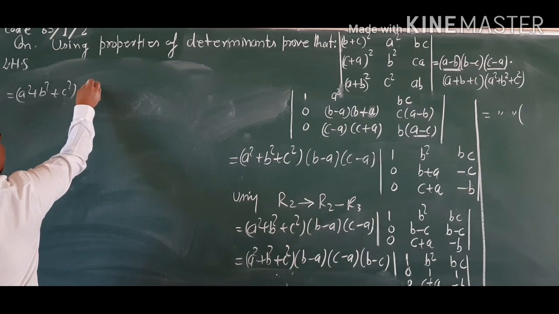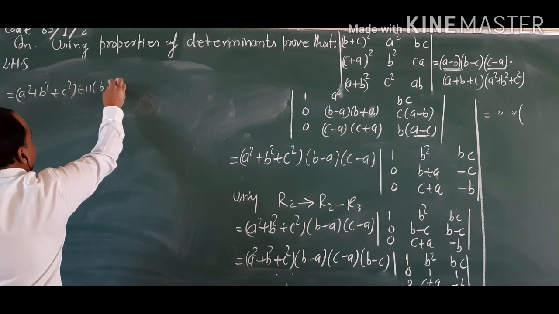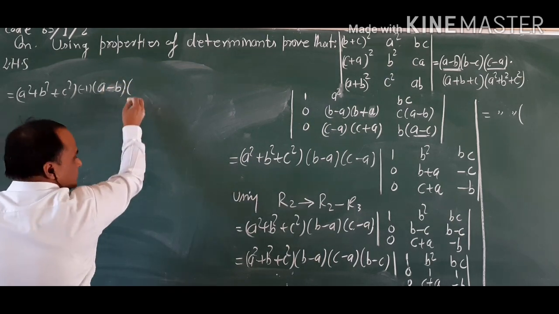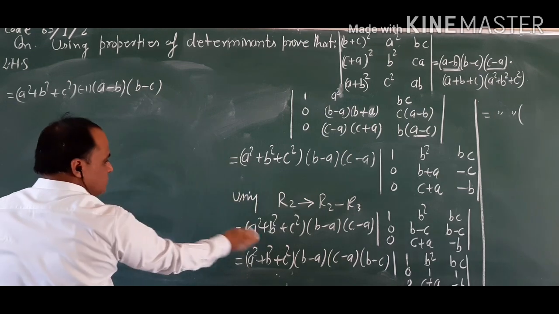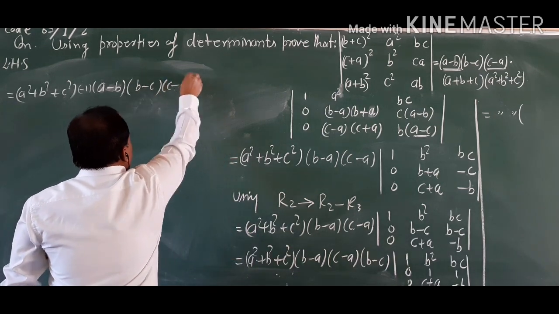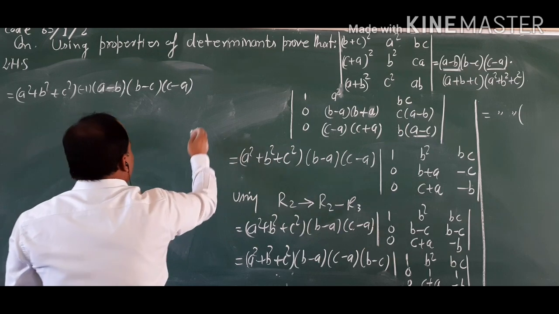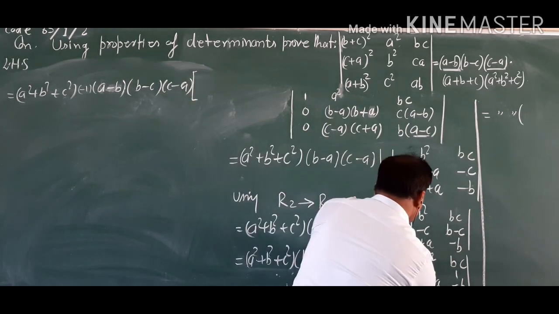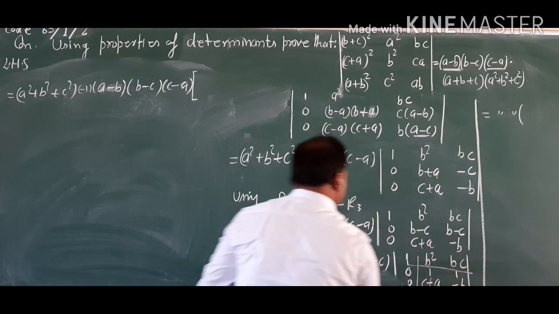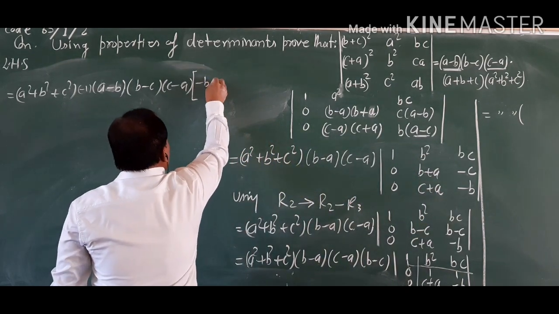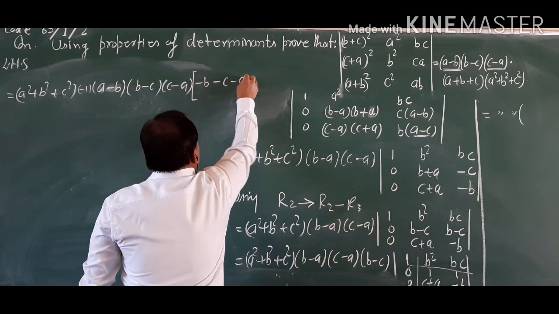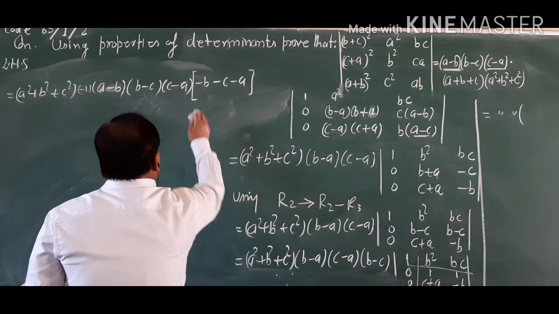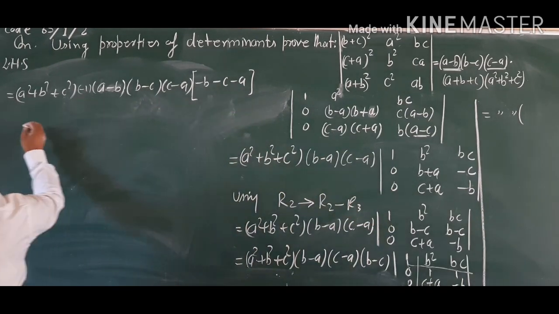So we should write it as minus times b minus a. That becomes a minus b, and again b minus c, and the next one is c minus a. And for the determinant, we split it with respect to this 1. So we can get minus b minus times c minus a. This value will be multiplied with it, and then we take this minus common, and make it like this.